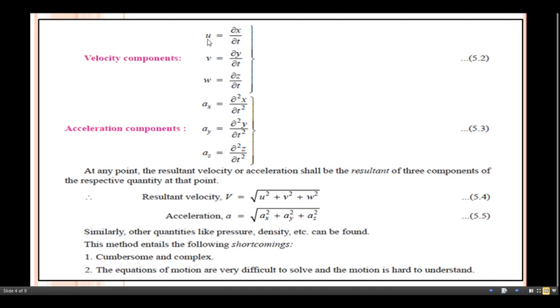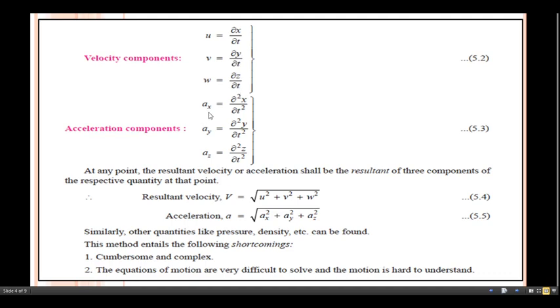Now see how I can get the value for u. If I differentiate x with respect to time t, this indicates the partial differentiation of the displacement. So u is ∂x/∂t, v is ∂y/∂t, and w is ∂z/∂t.